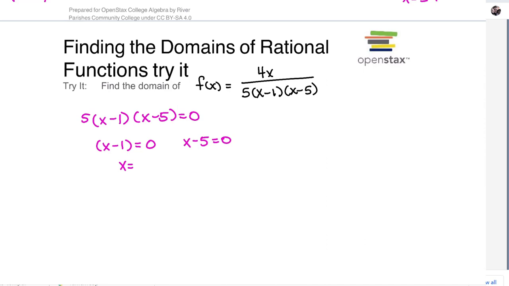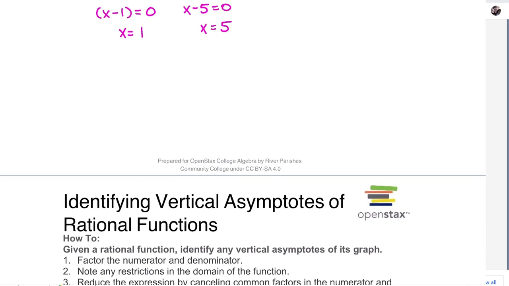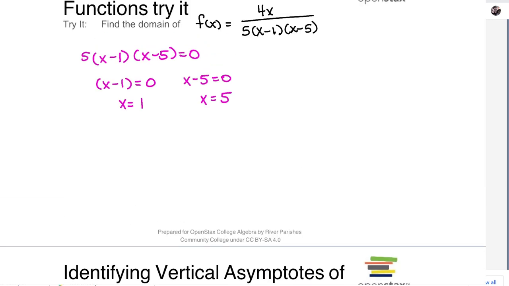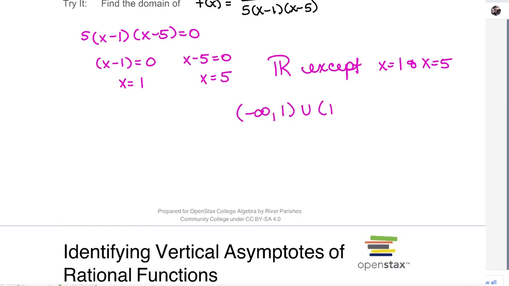You get x equals positive 1, x equals positive 5. So all real numbers except x equals 1 and x equals 5. If we were writing it in interval notation, it would be negative infinity to 1, union with 1 to 5, union with 1 to infinity.